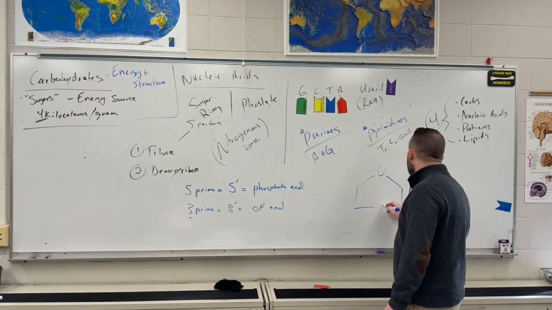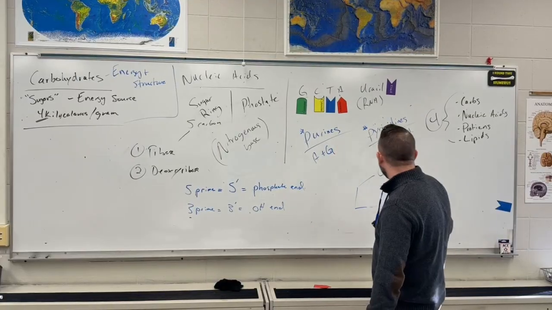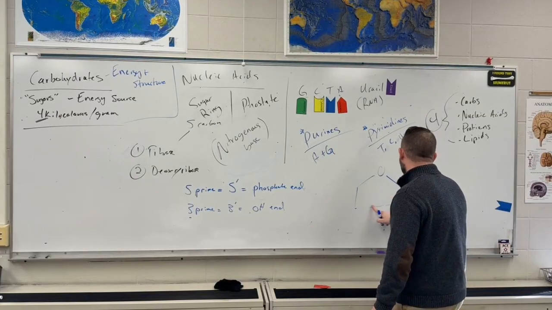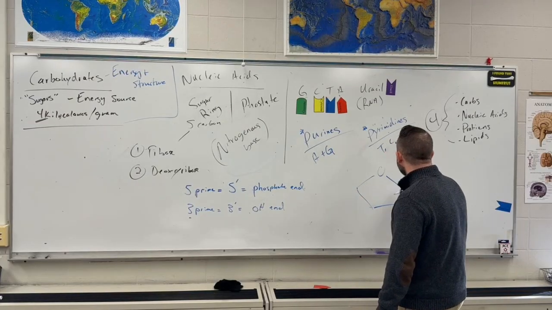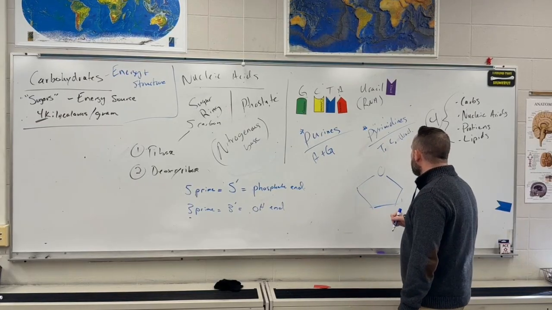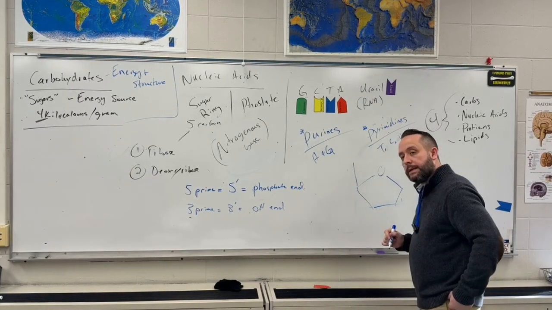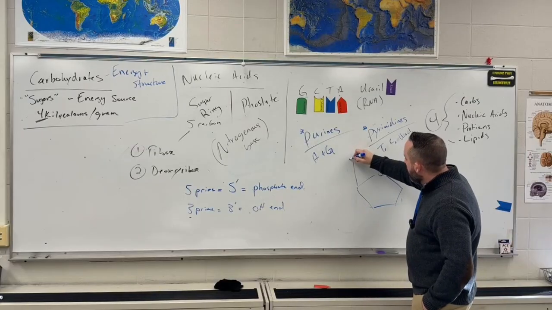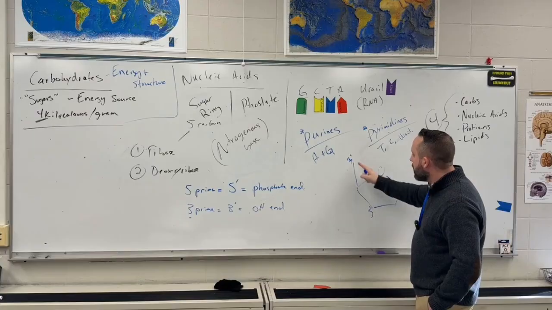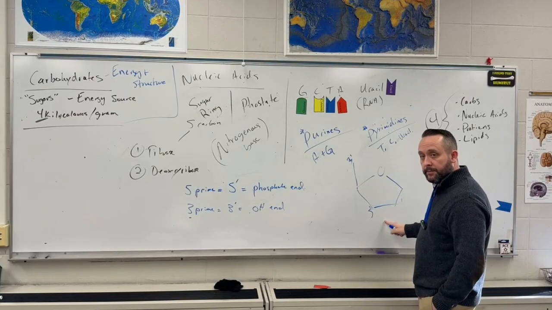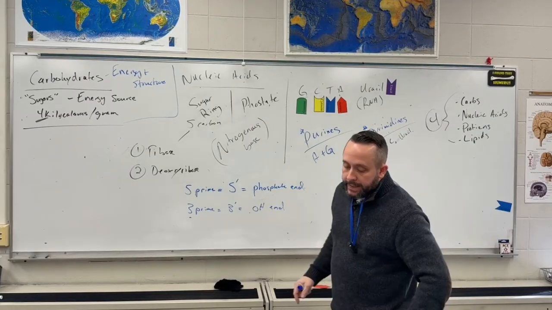Yeah, that's right. One, two, three, four. And then there's another fifth one up here. And so we'll number these 1 through 5. It's talking about these carbons in these rings that it's connecting to. So you can imagine.